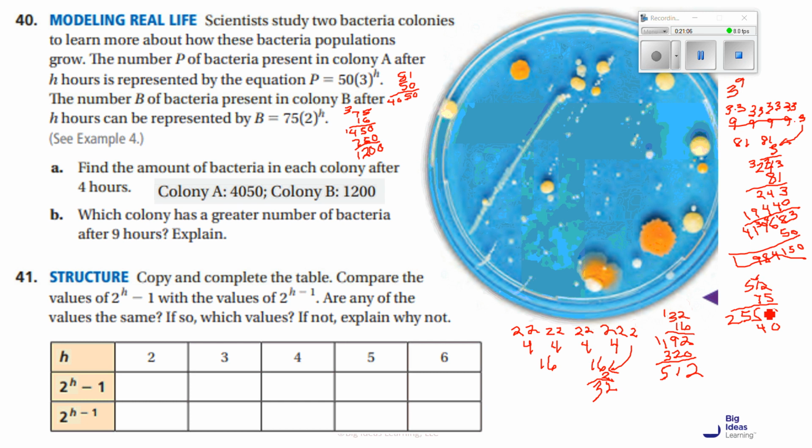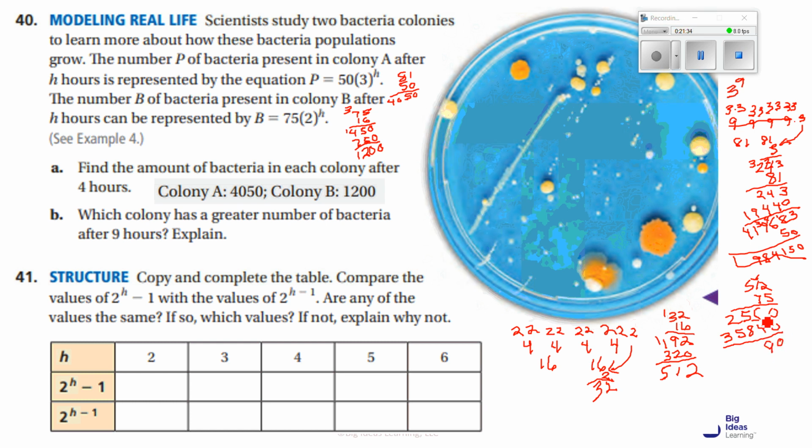Carry the 1. Let's see here. We got 7 times 1, which is 7, plus 1 makes 8. And 5 times 7, which gives us 35. As you can see, we're not going to get near the number we got a little while ago.